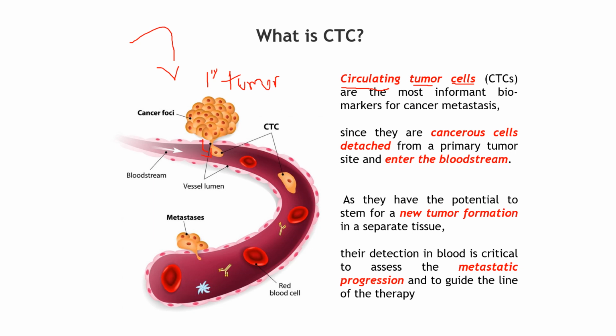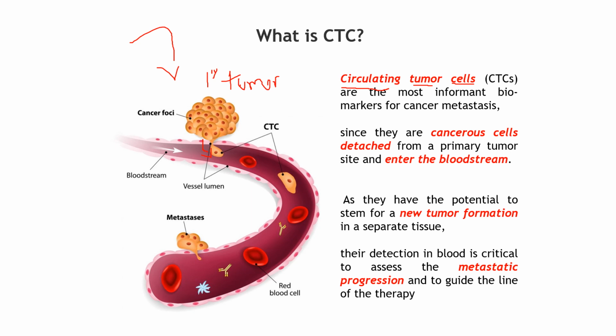Here in this schematic they try to make it simpler for you, but the proportion of blood cells to CTCs is very, very small. So it's very difficult to study them, because if you have thousands and thousands of cells and only a few of them are CTCs, finding and following them is very difficult.